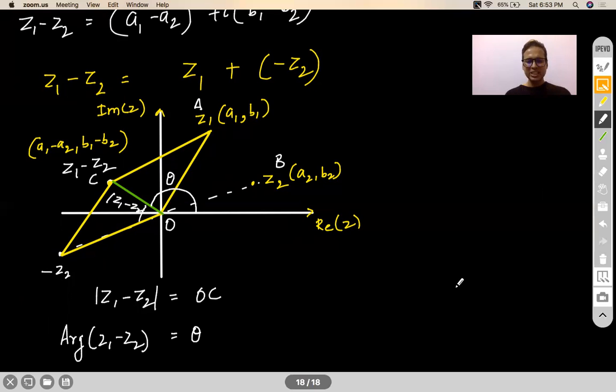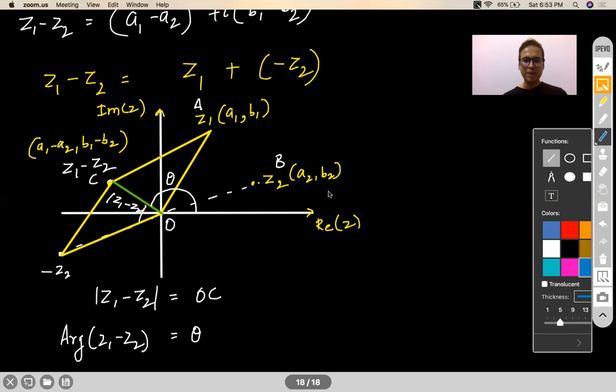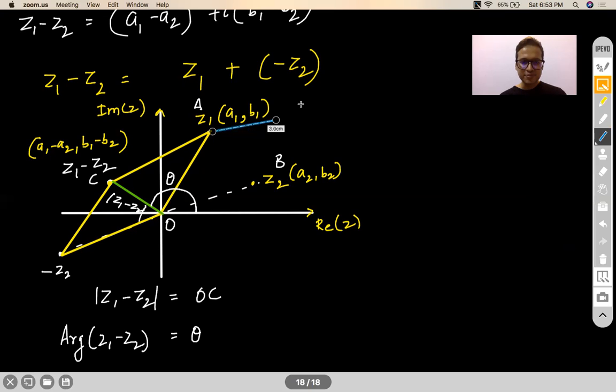Now, when I say this to students, they suggest me several methods. They say, sir, actually you need not find minus z2, and you need not make this parallelogram. You can do everything over here only. How? So let's say I complete a parallelogram like this. Okay, just correct me if I'm making sense over here.